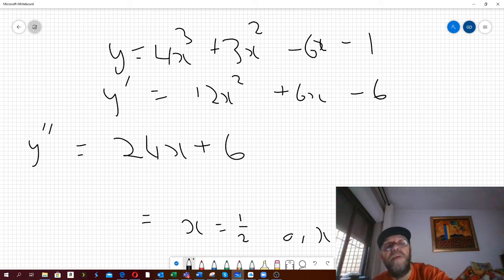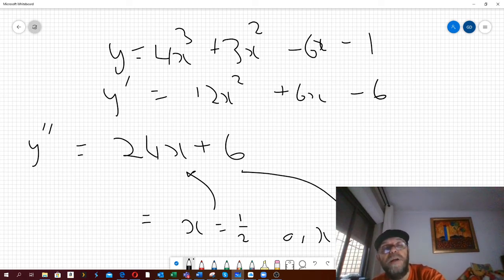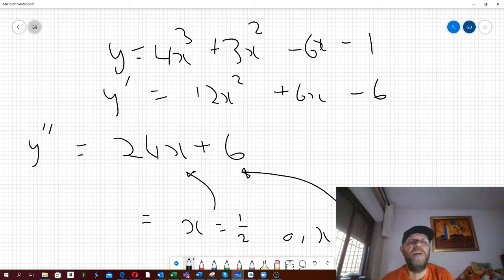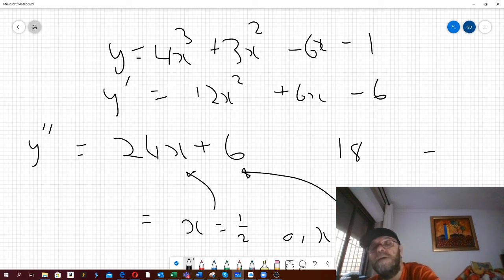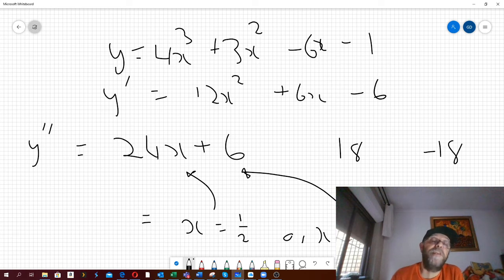Now we've already found the x values at which the stationary values occurred. If I put the values of x as a half and x is equal to minus 1 into the second derivative, I'm going to get two different answers. The half will give me 12 plus 6, which is 18. And if I put the minus 1, I'm going to get minus 24 plus 6, which is minus 18. Now, the important thing about the second derivative value is not what the actual answer is, but whether it is positive or negative.